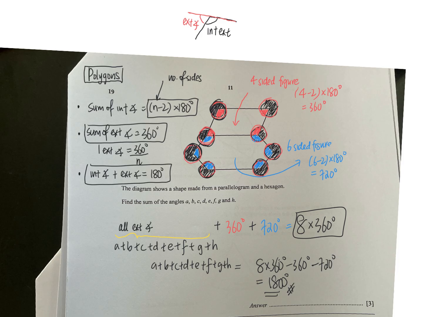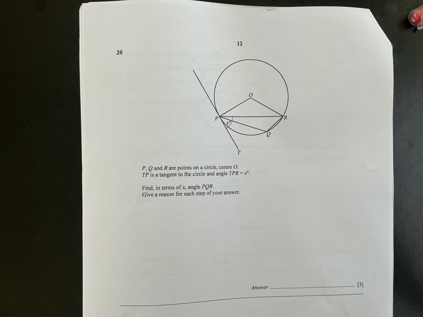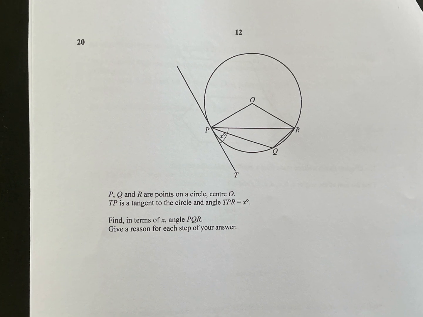Okay, next one is circle properties. Sometimes in circle properties, they like to add in x, which you don't like, but no choice. Okay, so for circle properties, when they say you have a tangent line, you always remember tangent is perpendicular to radius.